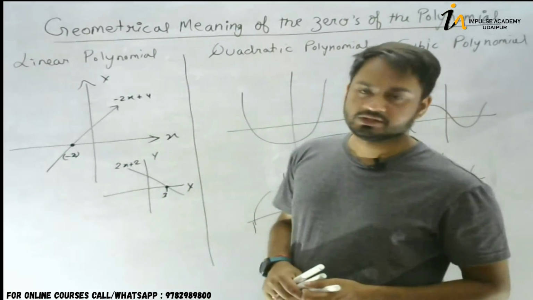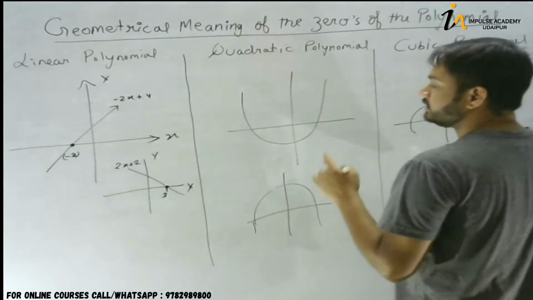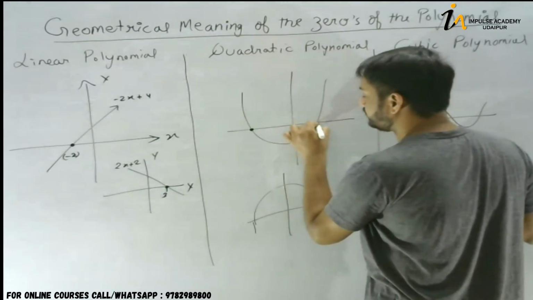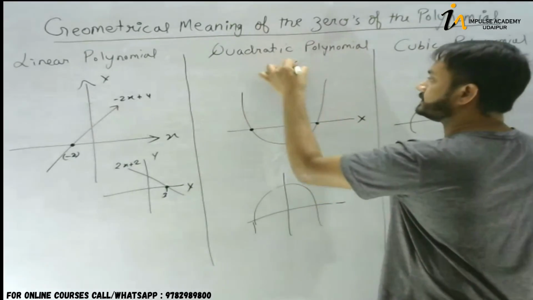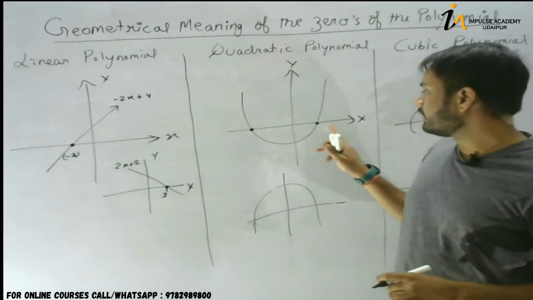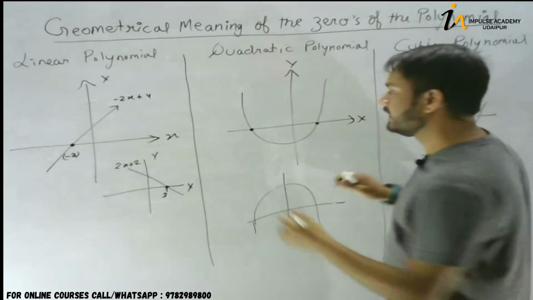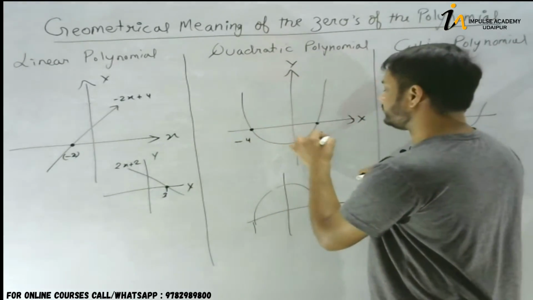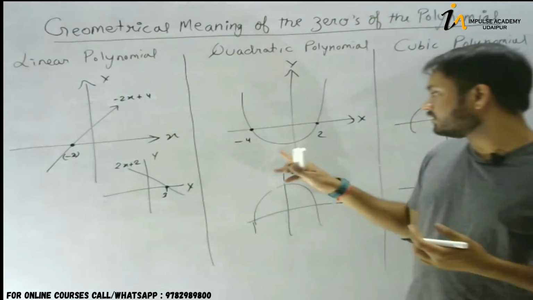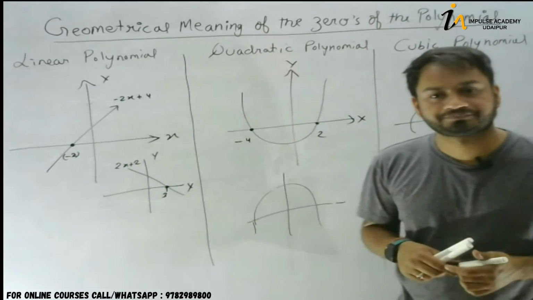Now in the case of a quadratic polynomial, there will be two zeros. How? Because it cuts the x-axis at two places, here and here. Let's consider them as -4 and 2, suppose. Then the zeros of the polynomial will be -4 and 2.